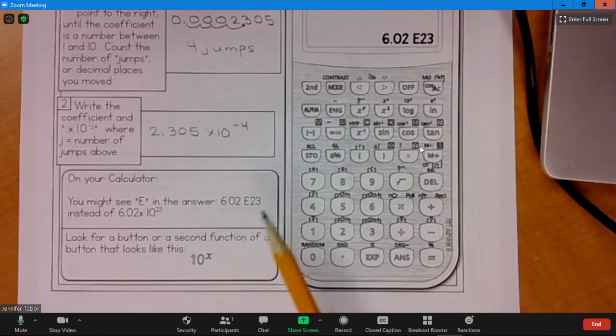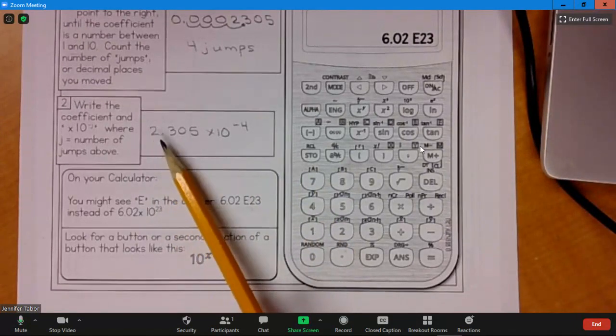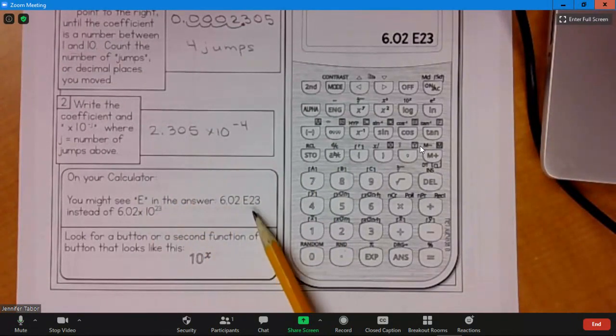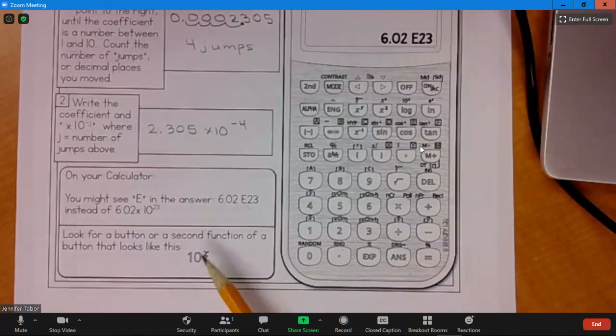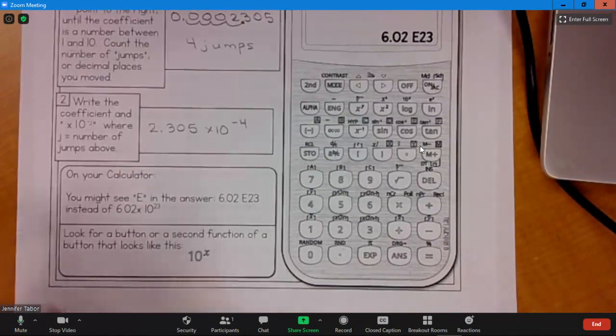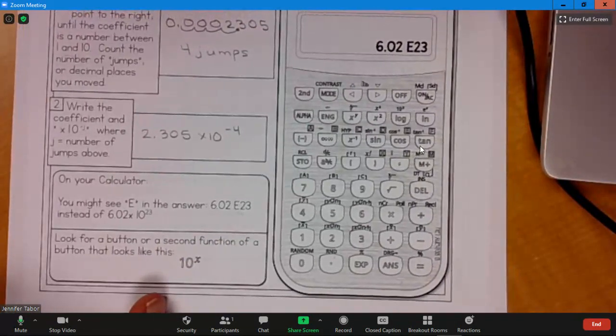So you would hit that button and then type in your exponent. So I might go 2.305. Then I'd either hit the E or this button, and then the negative 4. So you don't have to type in the times 10. These are the buttons that are used for exponents. Show me your calculator if you want me to point them out to you.